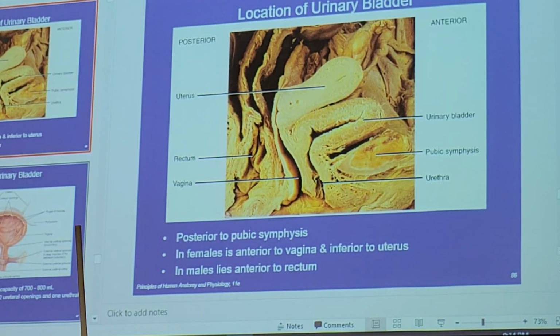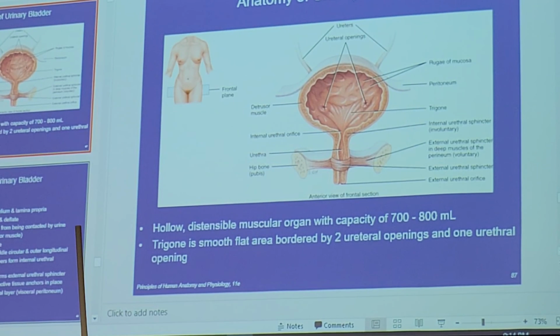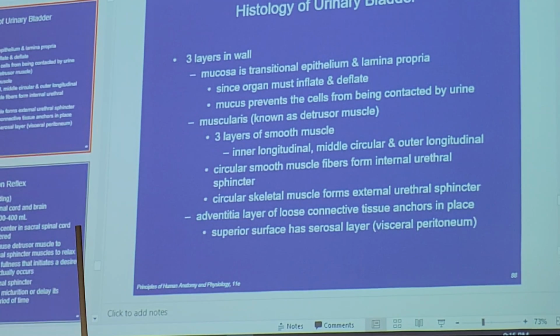And I do want you to realize that when we see it, that's just how it is. The bladder can contain 700 to 800 milliliters of fluid. It has three layers of muscle.